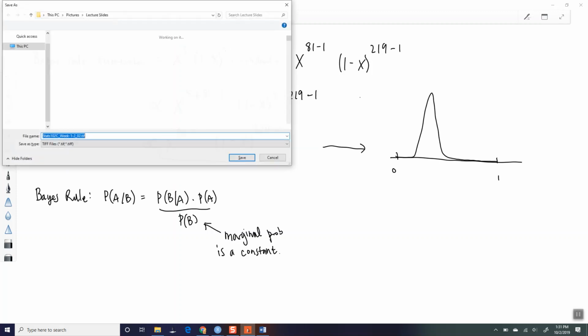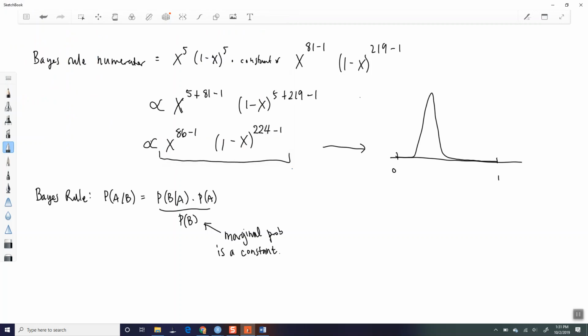Any ideas, any solutions in mind? Does this look like a probability distribution? It looks like the beta itself.